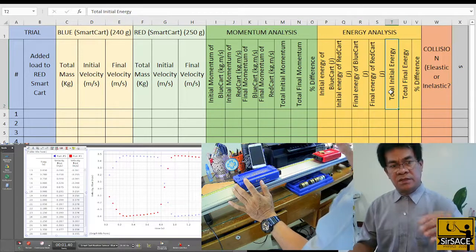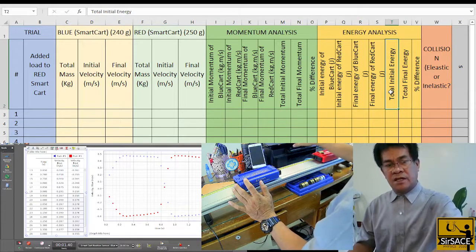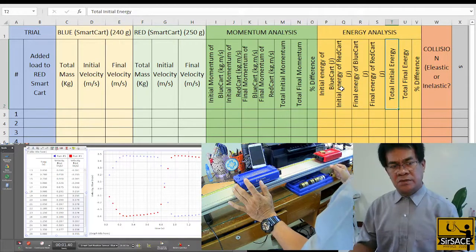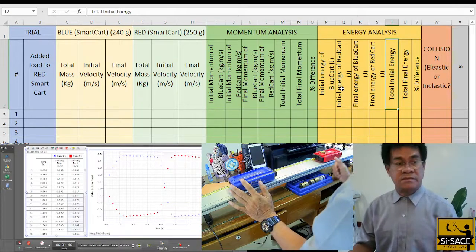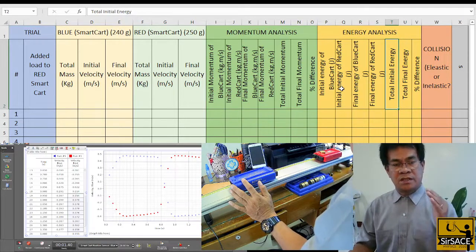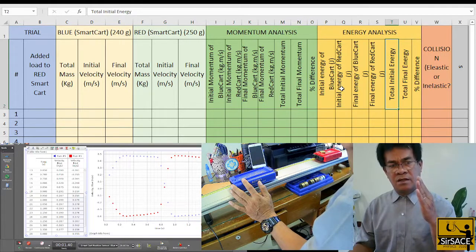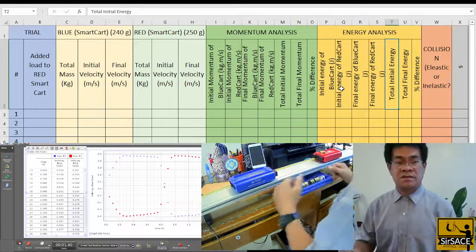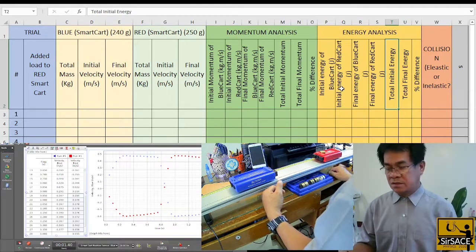Okay, with that, we can calculate the total energy. So it should be initial and final. So add the initial energy of blue to the initial energy of red. Now take note that all of them are positive, because even if the velocity is negative, when you square it, it will become positive. So the energies are all positive, so you can combine them without the sign.